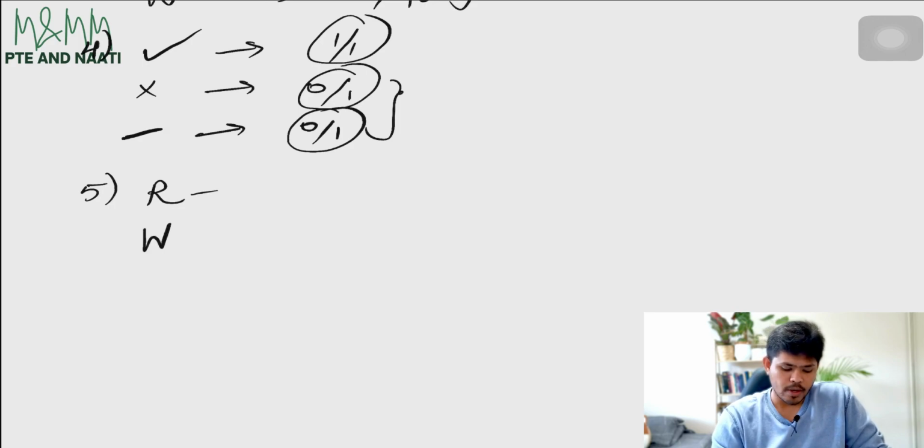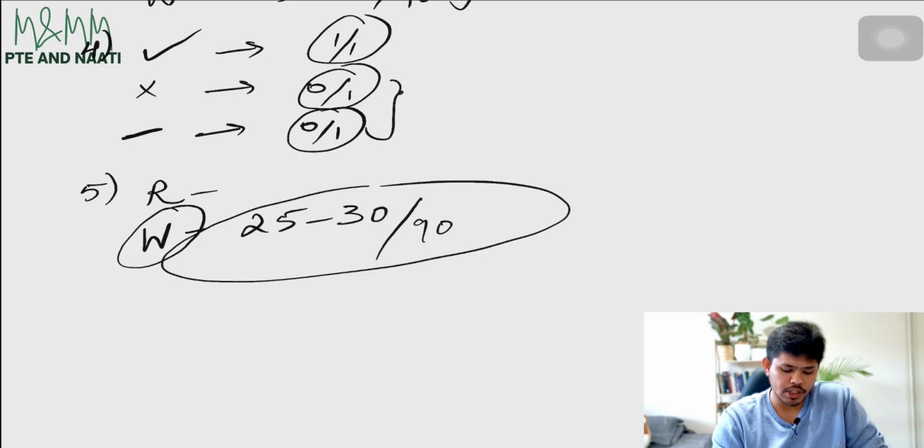But my question to all of you today is, why is the writing section getting score over here? Because you are not writing anything. You are not typing anything. There is no spelling mistake involved in here because there is no sort of typing involved. Then why is the writing section getting such a heavy score? Because 25 to 30 marks out of 90 is not a joke.